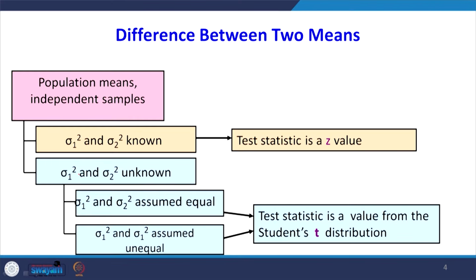When variances are unknown, we can assume they are equal or we can assume they are not equal. If the variances of populations 1 and 2 are known, we go for a z test statistic. If the variance is unknown, we have to go for a t statistic.